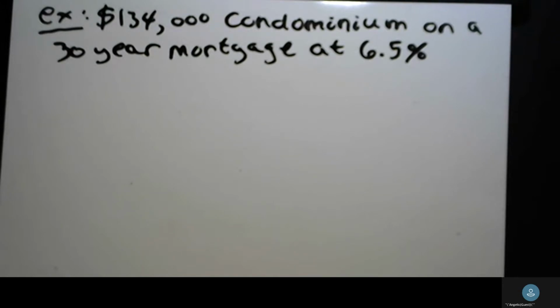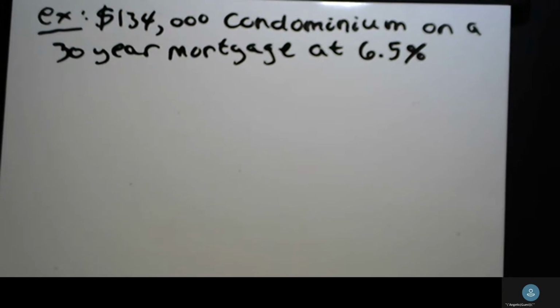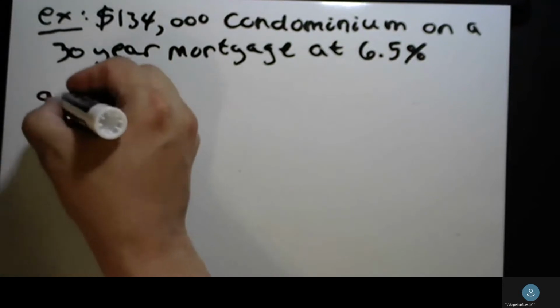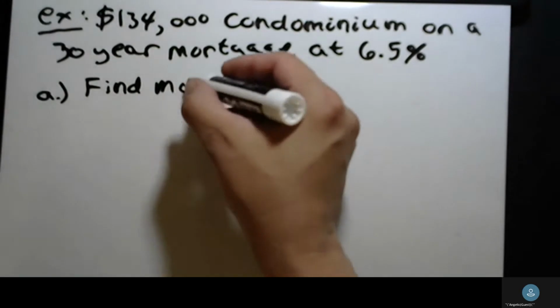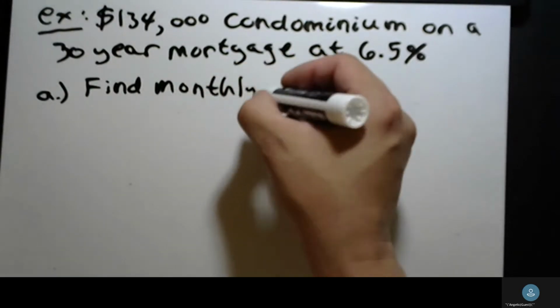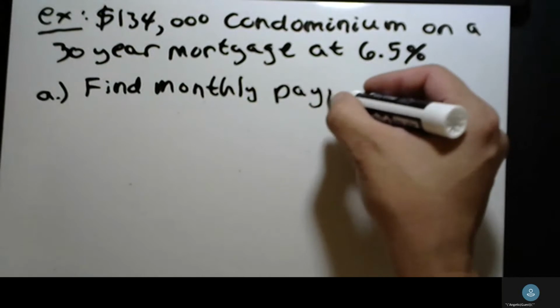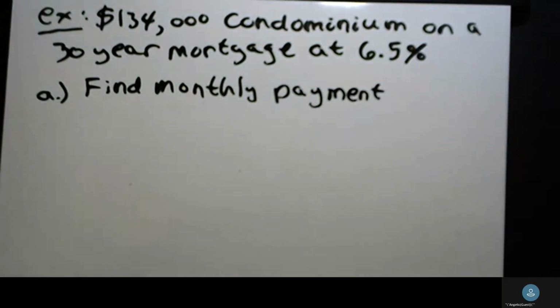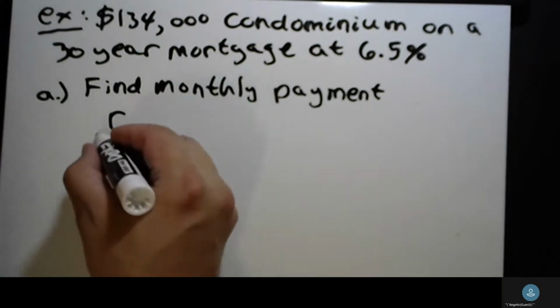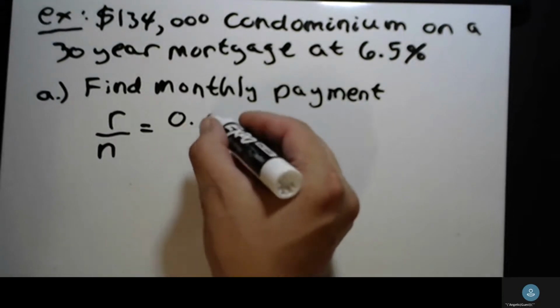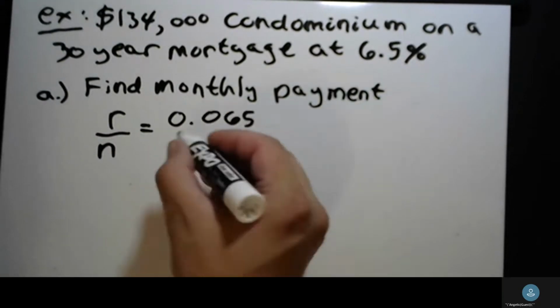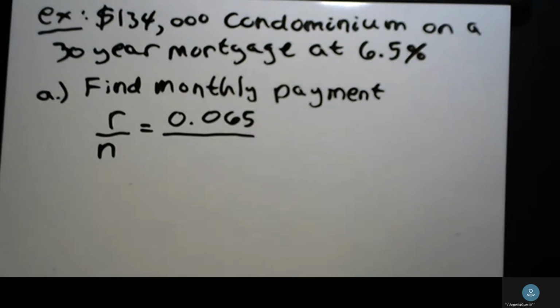So taking a look at this, and the text recommends this, let's say we're going to find the monthly payment. One of the math tricks that the text recognizes and uses is to compute R over N from the get-go. Now again, R is going to be that interest rate as a decimal, so moving that decimal point 2 spots to the left.